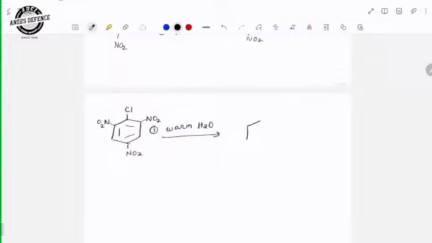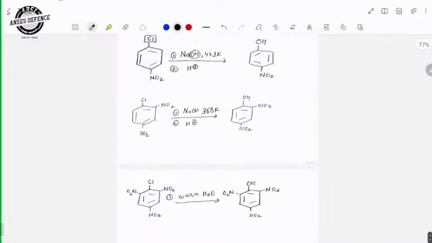The water will give its OH, and the chlorine will get replaced by OH. NO2, NO2, NO2. That's it. You just have to keep this reagent in mind.